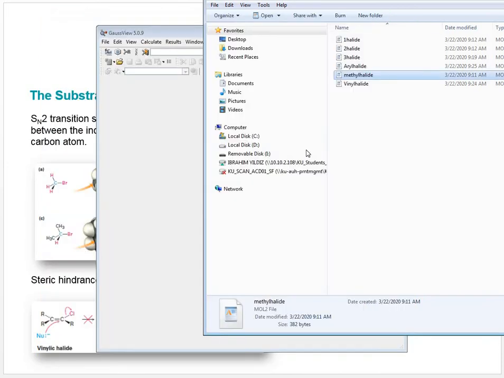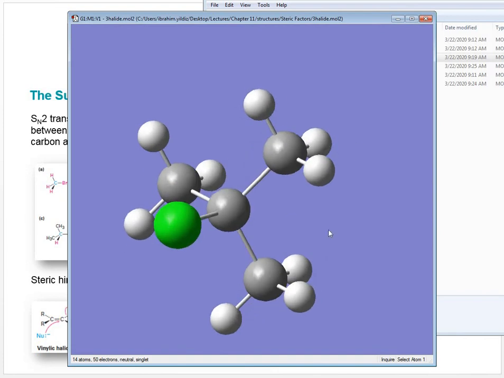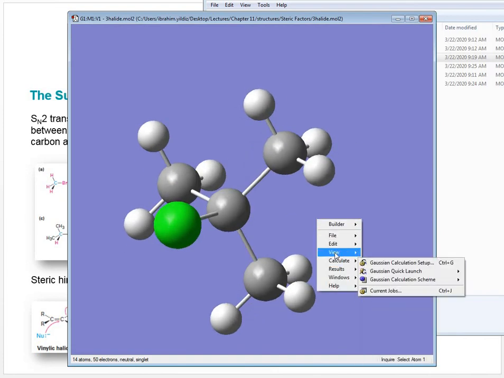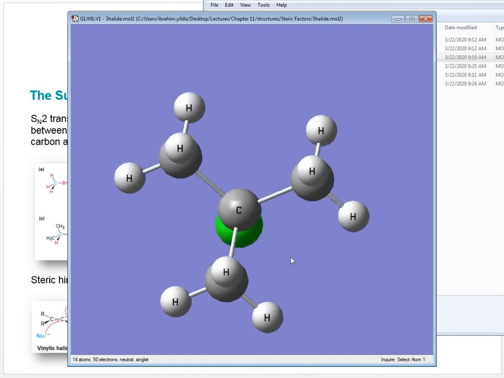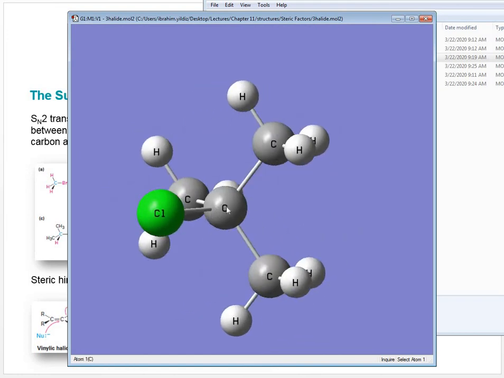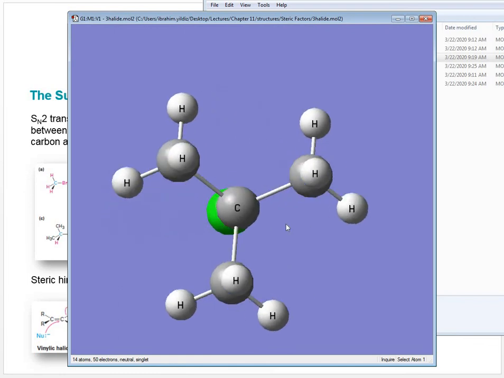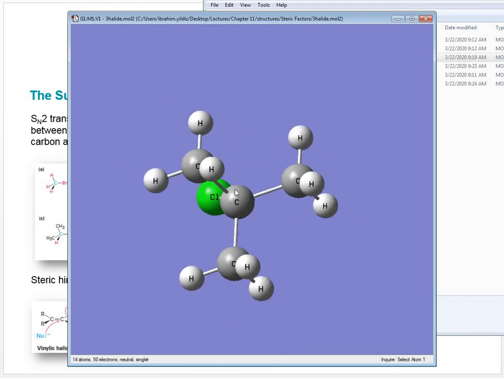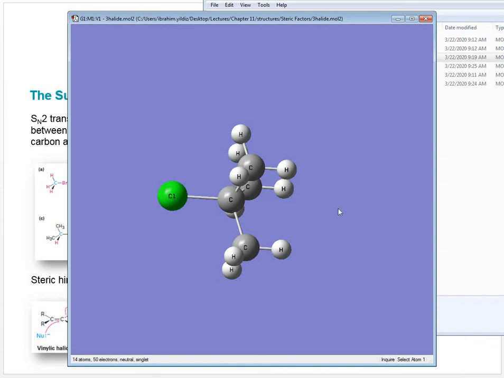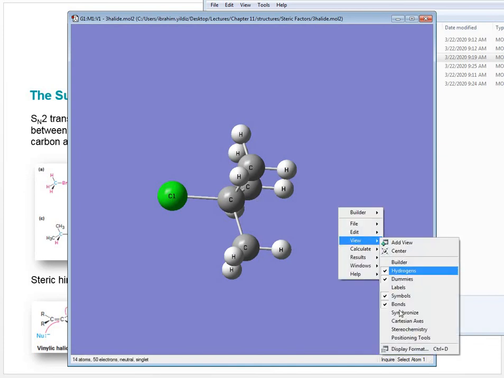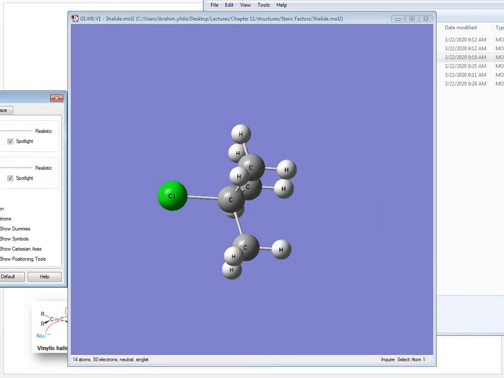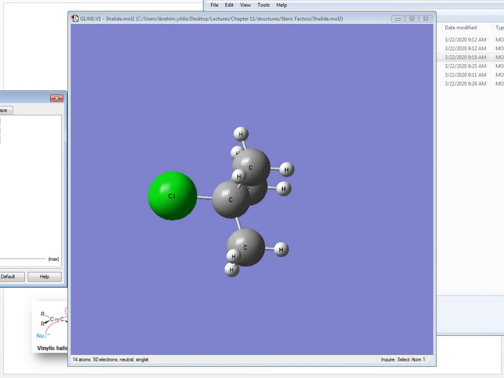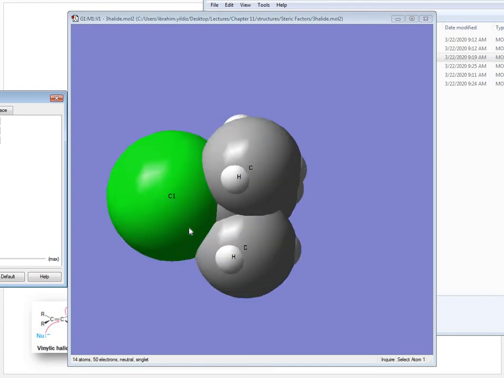But if you have a tertiary halide, I'm going to show it the same way. So this is a tertiary t-butyl chloride. A nucleophile has to approach this carbon from the back side. So let's see how the space filling model will show us that the nucleophilic substitution reaction will be slower.